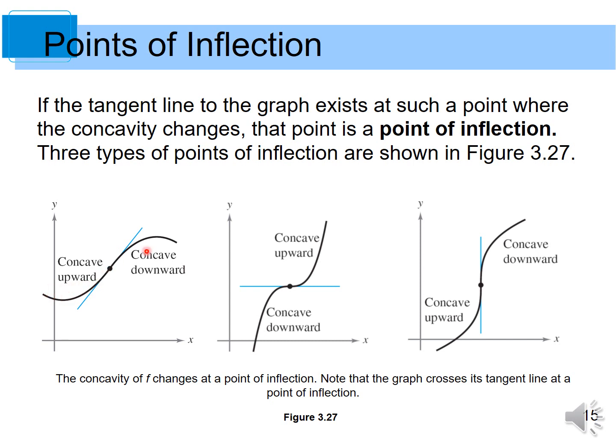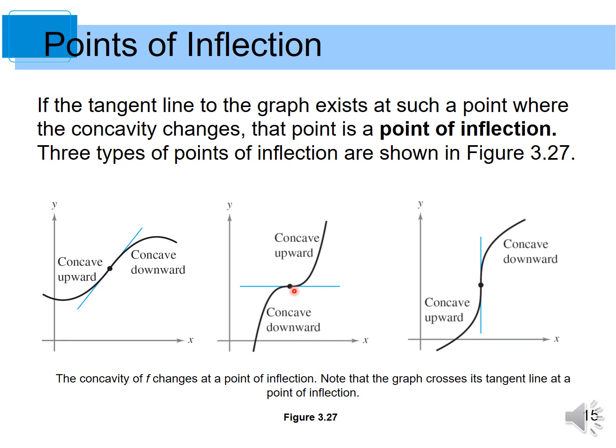So look at this curve. The point of inflection of this curve is here, because if you observe the curve, this point is between the concave upward and concave downward parts. And for this curve, the point of inflection is here.